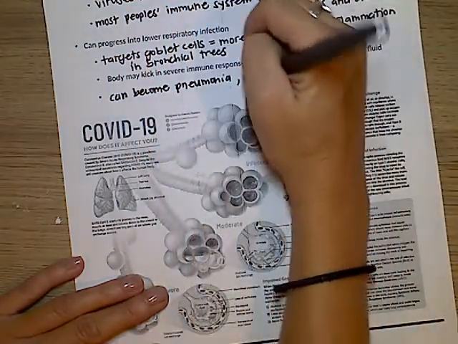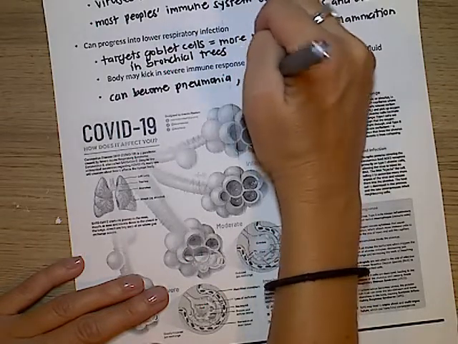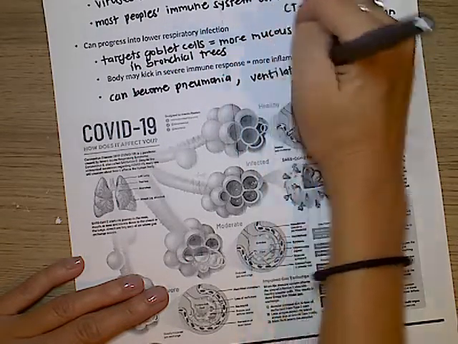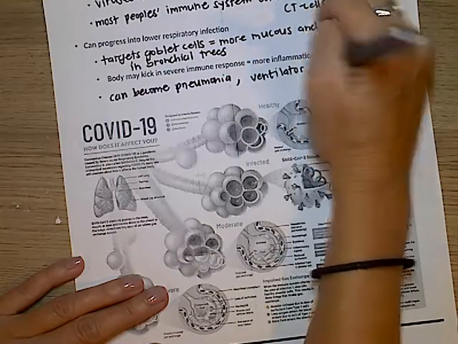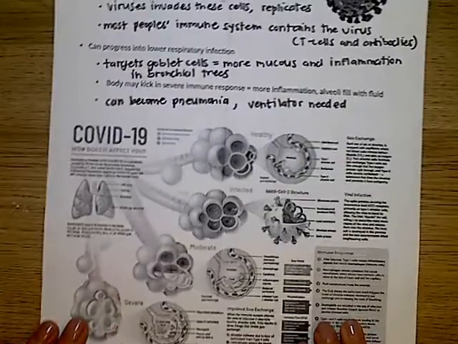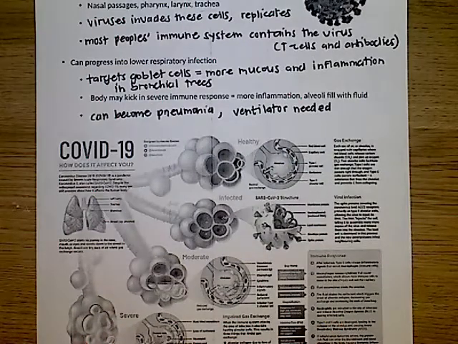And this is typically when they put them on a ventilator. And the purpose of the ventilator is just to help the lungs expand and breathe while your body recovers. And then hopefully, if you recover, they can take you off the ventilator.